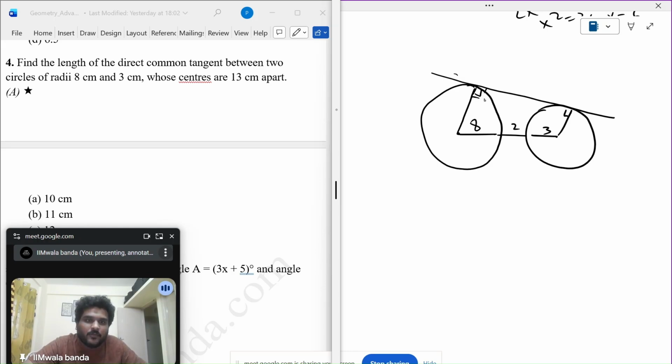So you know that this will be your right angle triangle, right? This is 8 minus 3, 5. Doesn't look like it, but you get the idea. This is 5, 8 minus 3. So this is the tangent that I need to find out.